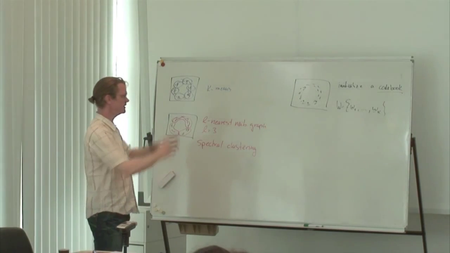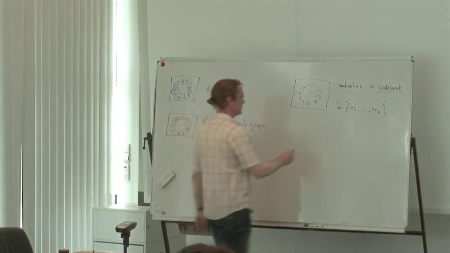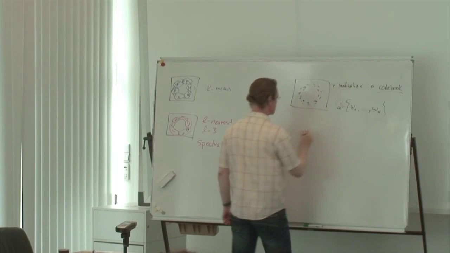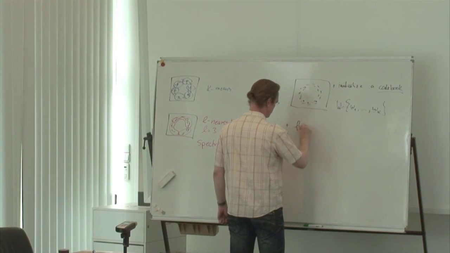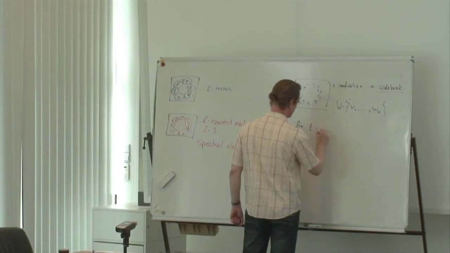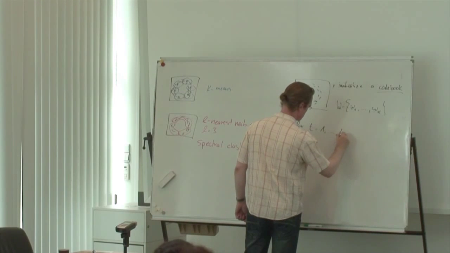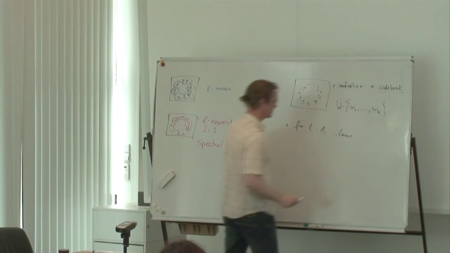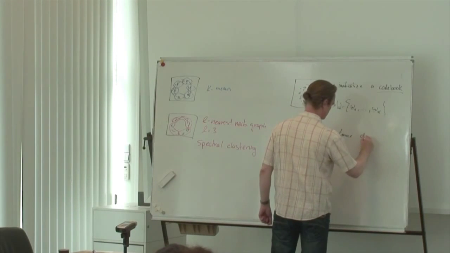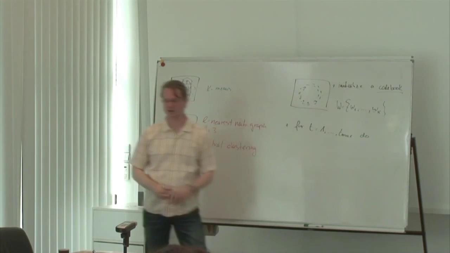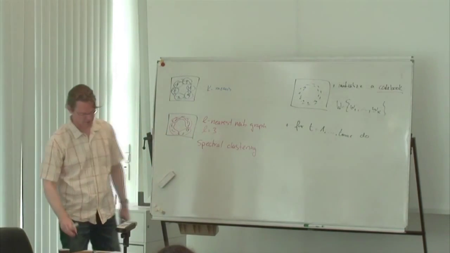Once we have initialized that codebook, we can run the following algorithm. So this is the first step. Now, for t equals 1 up to some t max, we do the following. And this t max usually is large, so I don't know, 10,000 iterations, whatever.